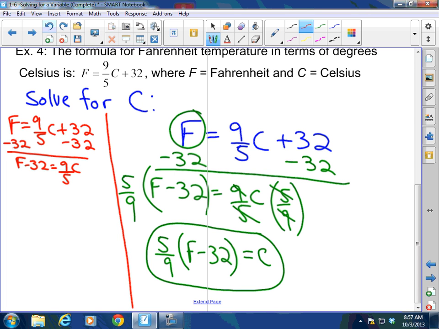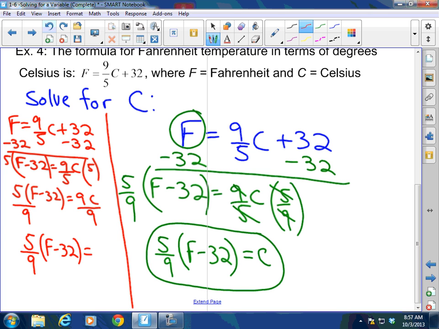How could I get rid of the 5 that's being divided? How do I cancel division, guys? Okay, so I can multiply 5 to both sides. So now I have 5 times F minus 32 equals 9C. How do I cancel out the 9? Divide by 9, because I cancel out multiplication with division.